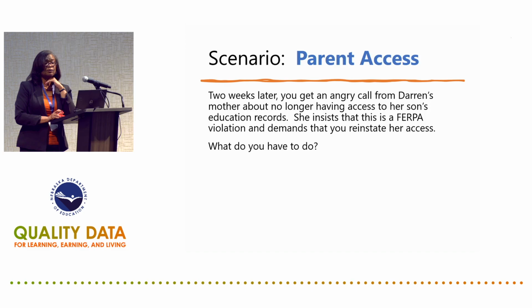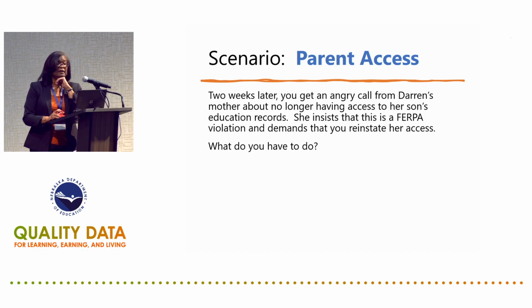If they're operating in the role of parent at that time, they are considered a parent. Can the parents also have that right, even though the child's with other people? FERPA is not taking away the rights of the natural parent, even though they're not there. But in this scenario, the person taking care of them is the parent.